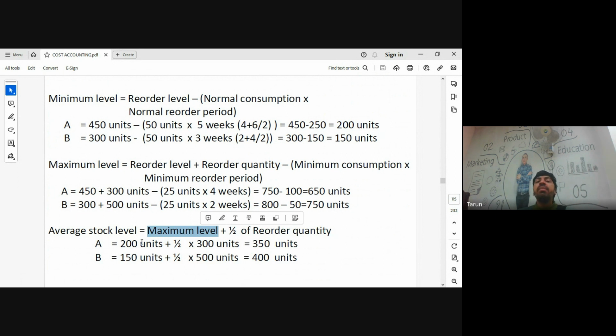So the minimum is 200 units for the A product and for B it's 150 units. So 200 plus half of 300 units, and 150 plus half of 500 units, you will get the average stock level. For A it's 350 units, for B it's 400 units.